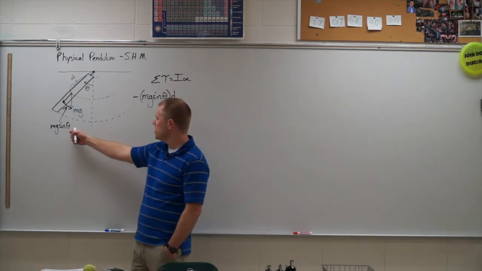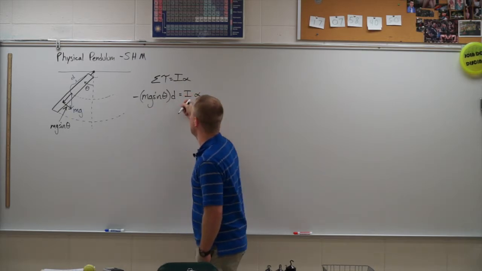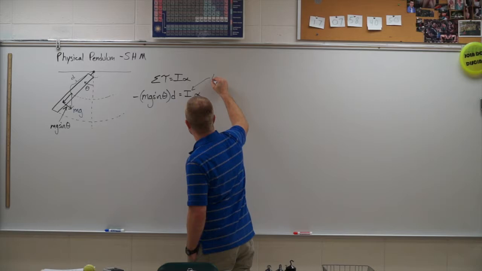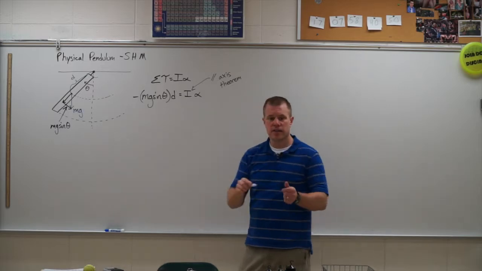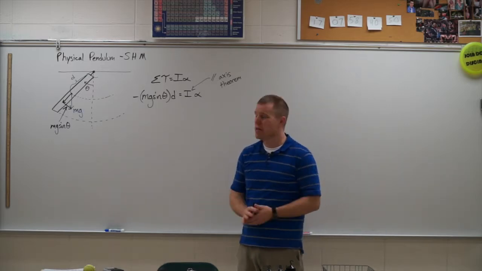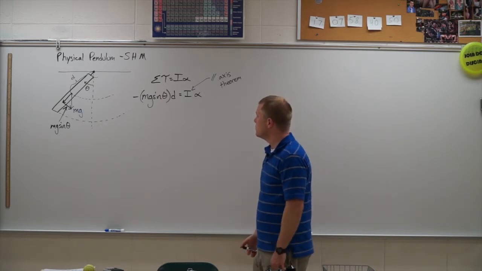So that is my mg sine theta. And that's all going to equal I times alpha. Now remember, this I value, you will need to use the parallel axis theorem most likely to find. Unless it is a uniform rod, by all means, then you can do your integral method to find that, if so need be.